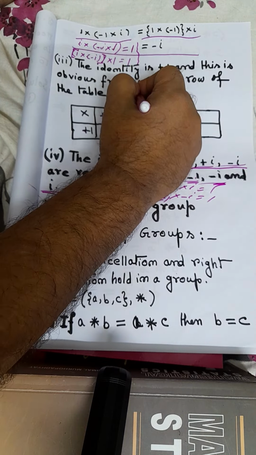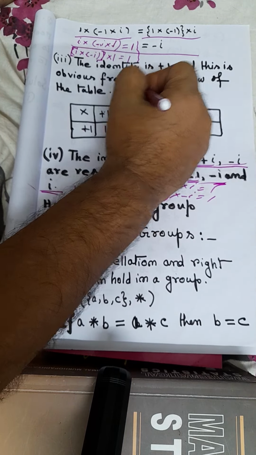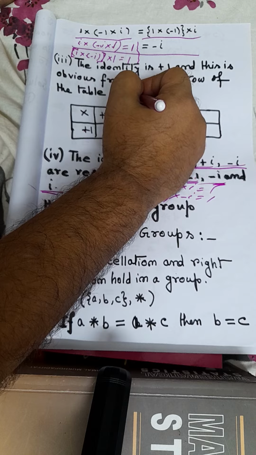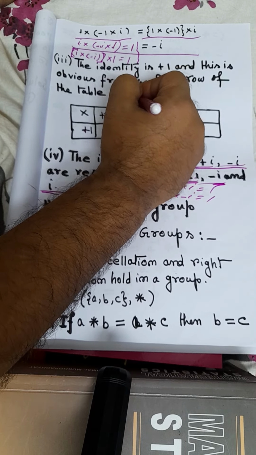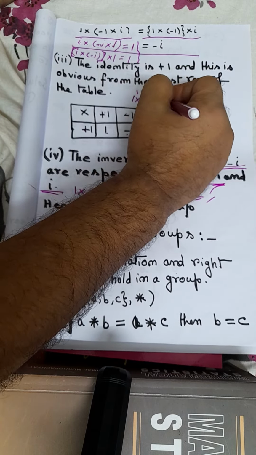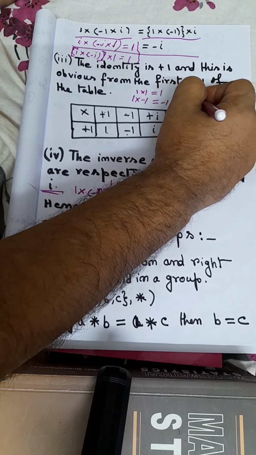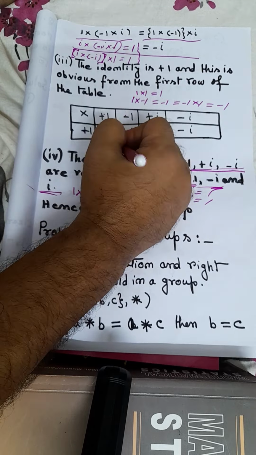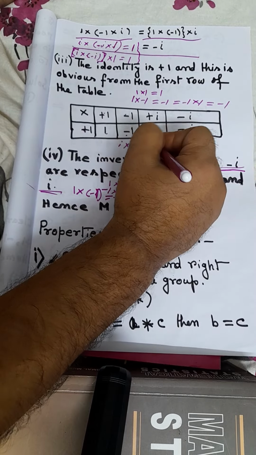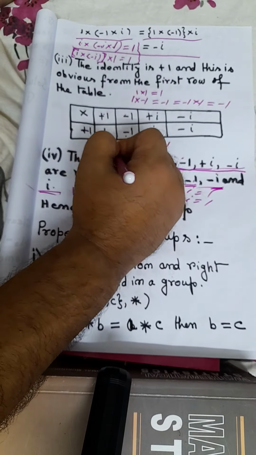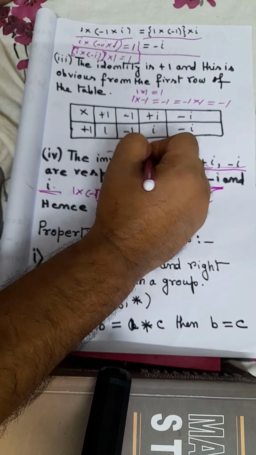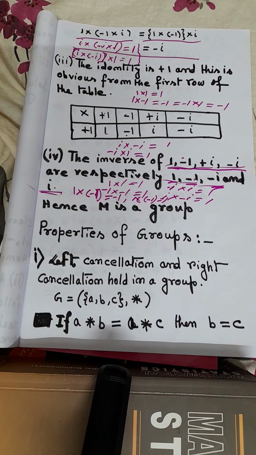Look, if we multiply 1 into 1, we get 1. 1 into minus 1 gives minus 1. Minus 1 into 1 gives minus 1. i into minus i gives 1. Minus i into i gives 1. Correct? So A binary operation B equals B binary operation A. So this is not only a group, this is also an abelian group.